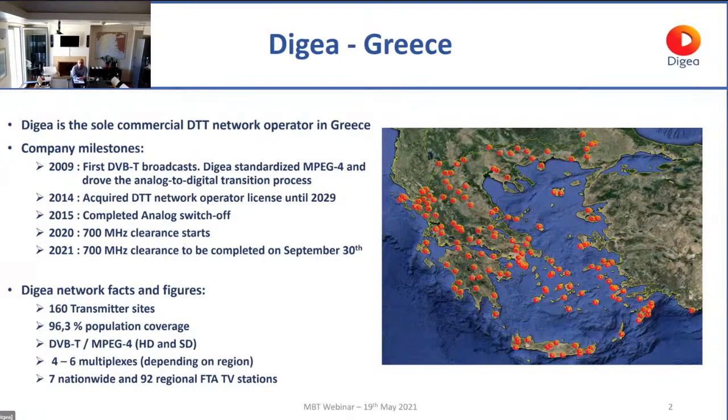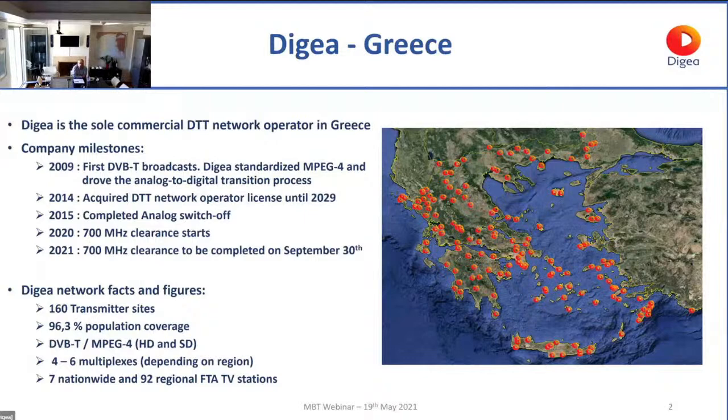We are currently in the process, and we expect it to complete by September 2021. In total, we operate 160 transmitter sites in Greece, and the overall population coverage exceeds 96%. Technology is DVB-T with MPEG 4, which supports both SD and HD still in Greece.